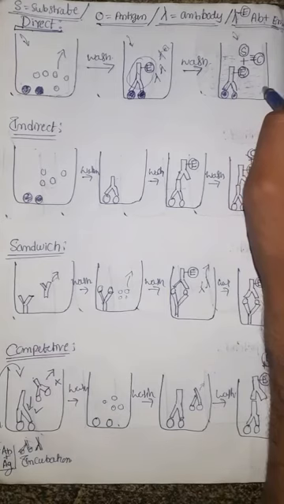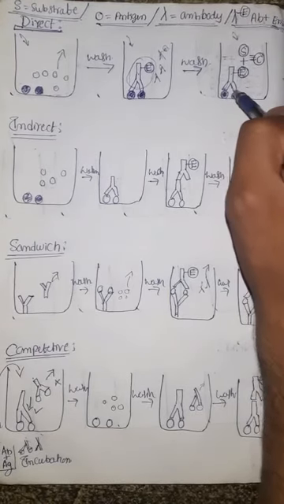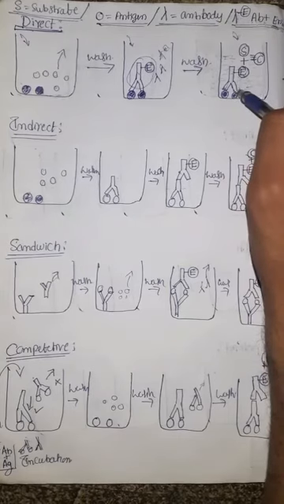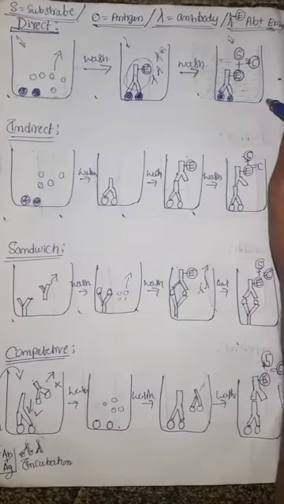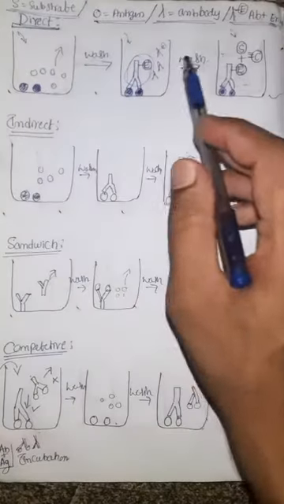Okay, this color indicates the presence of antigen in the well or in the biological sample we are testing. Okay, that is about the first type, that is direct ELISA test.